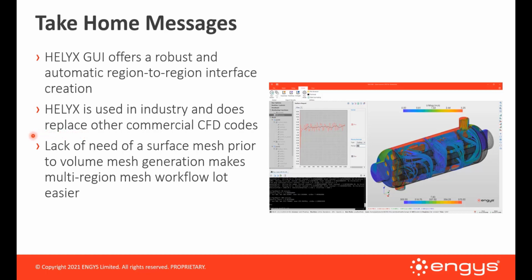I don't know if you have noticed, but there was no need to extract the volume mesh from the CAD geometry and to make a surface mesh prior to the volume mesh, which is a step commonly required for most of the CFD commercial software in the market. And this quite costly step is not necessary in the HELYX meshing algorithm.